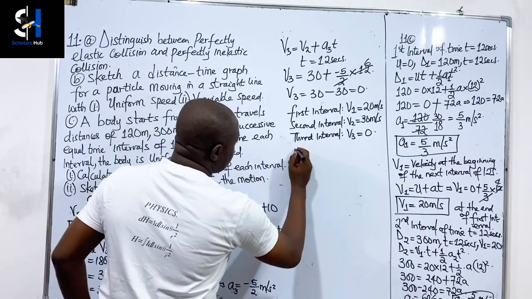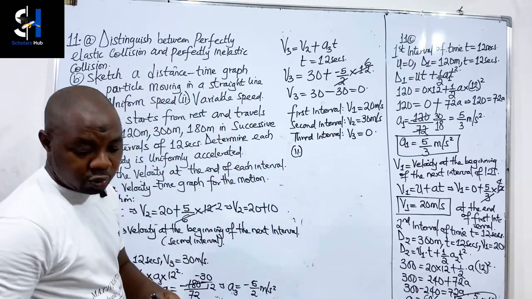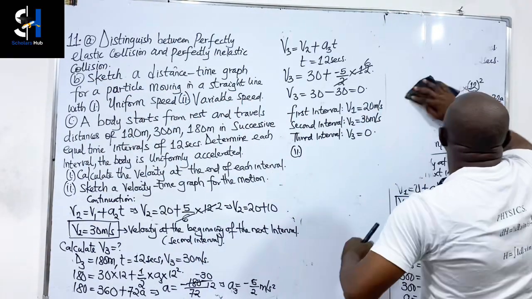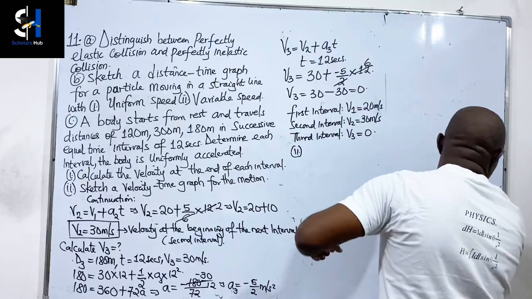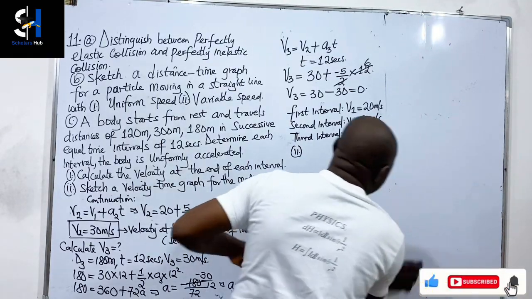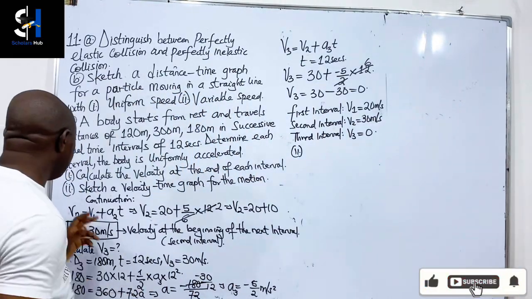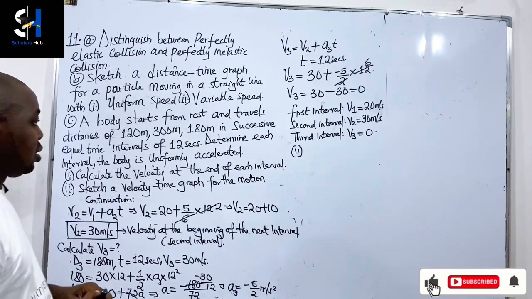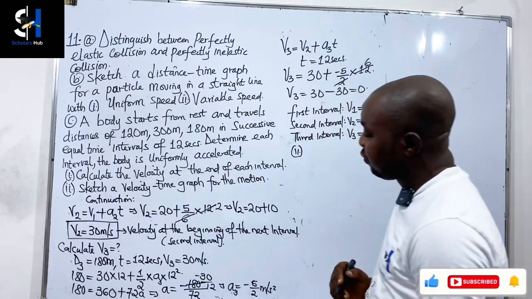Now, Roman numeral 2. For Roman numeral 2, sketch the velocity time graph for the motion. Yes, the velocity time graph for the motion.